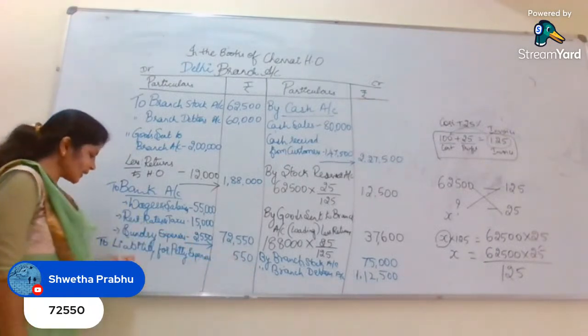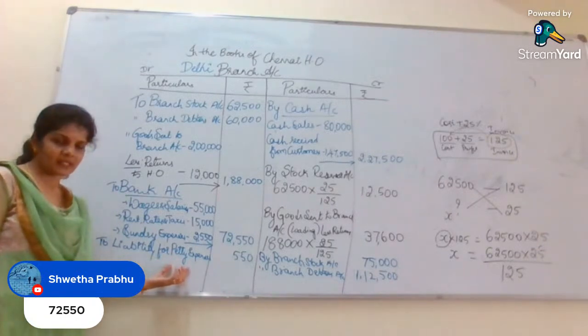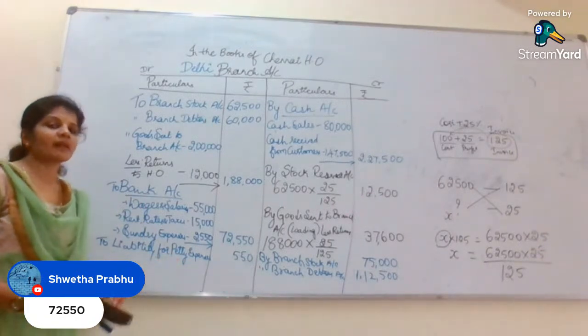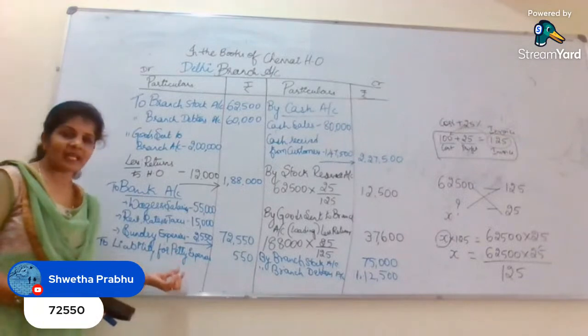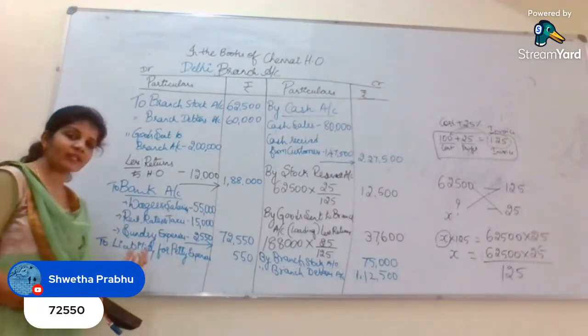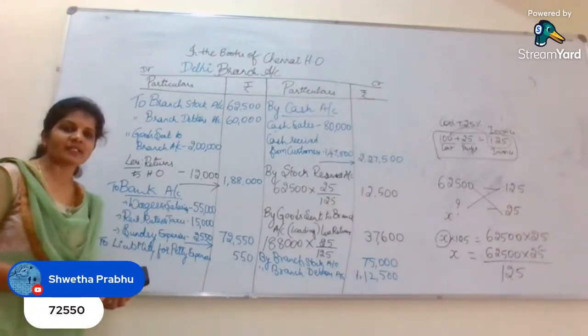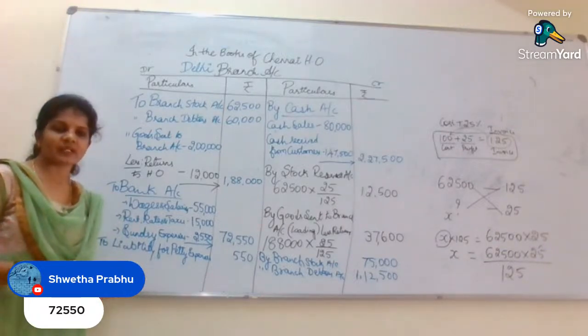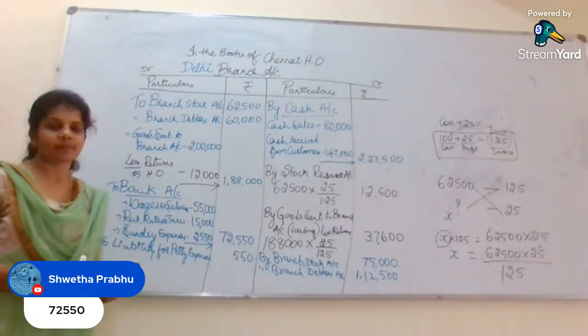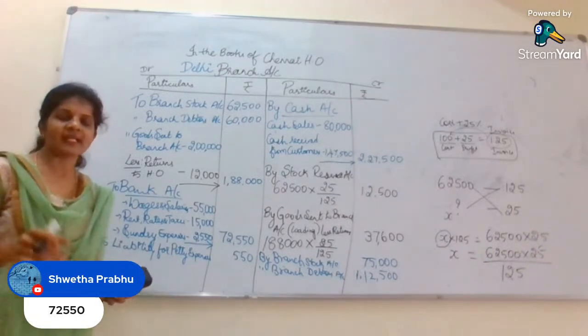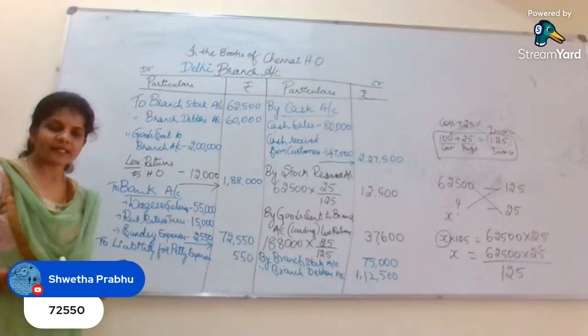Since they are mentioning it as a liability for the petty expenses, this liability may have come because it is outstanding. There are petty expenses they have to meet, but still they have not paid them, so it has become outstanding. When it has become outstanding, it becomes a liability, correct? Understood my point?